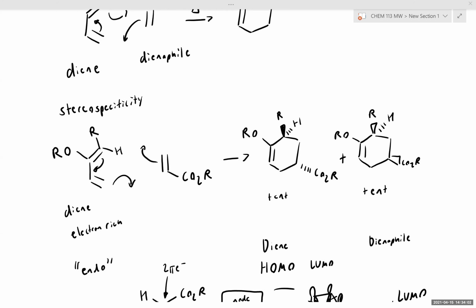Now, the interesting thing about the Diels Alder reaction is even though you theoretically would get a mixture of stereoisomers, the endo product and one of these stereoisomers is disproportionately favored in the Diels Alder reaction. And as a result, the Diels Alder reaction is quite useful to set multiple stereocenters with stereospecificity.